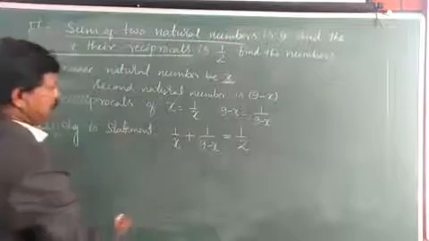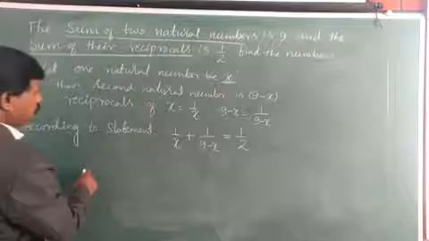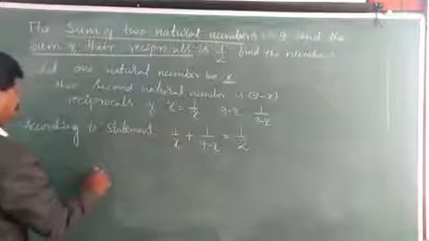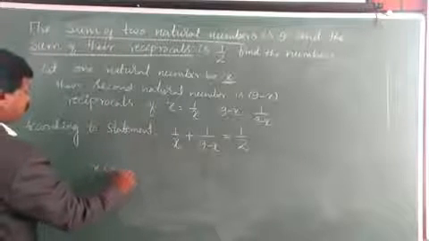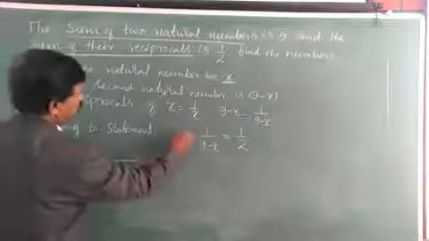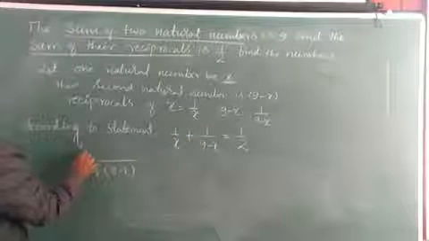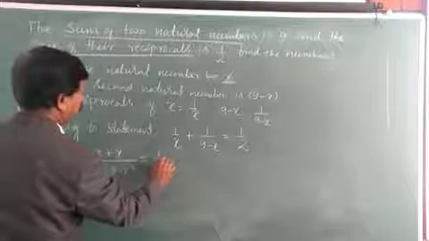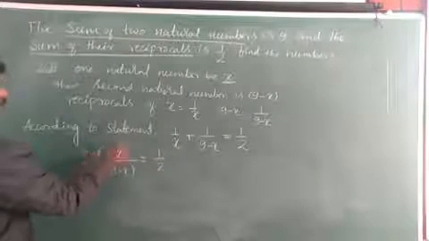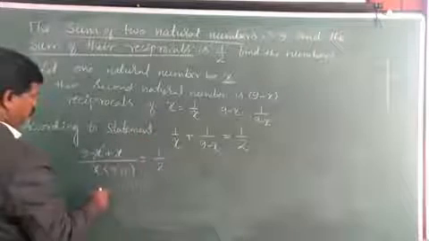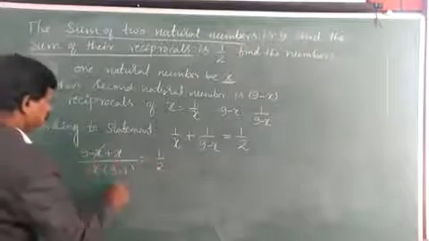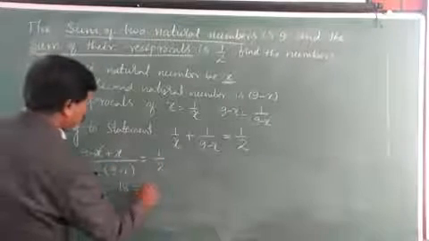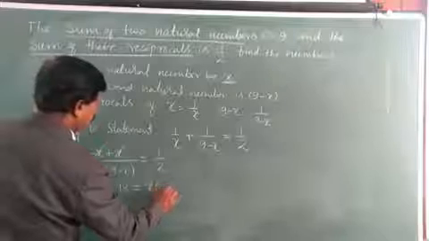Now take the LCM. So it becomes, first you can take these two, x of 9 minus x. So cross multiplication, 9 minus x plus x equals 1 by 2. Now minus x plus x get cancelled. Now on cross multiplying, 2 into 9 is 18 equals 1 into this, 9 minus x.